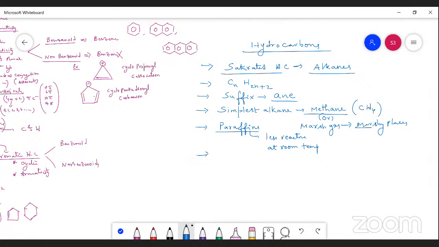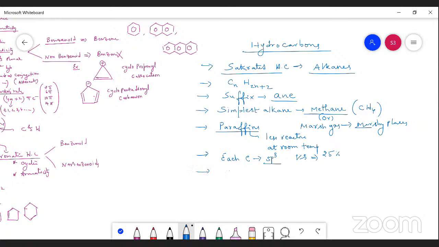Next, in alkanes, each carbon, if you take any alkane, undergoes sp3 hybridization. The percentage of S character is 25% and the P character is 75%.